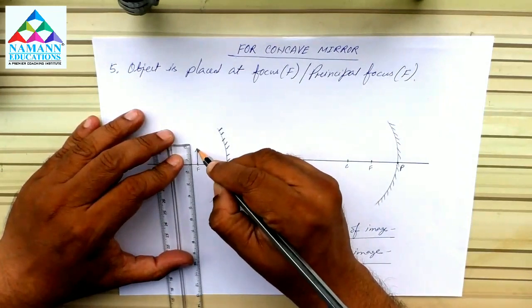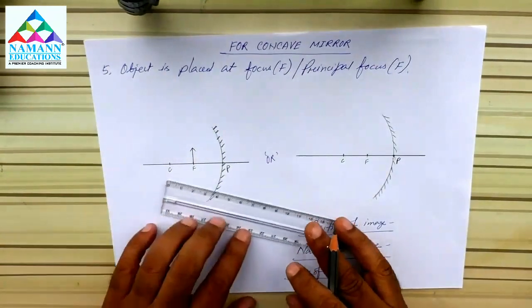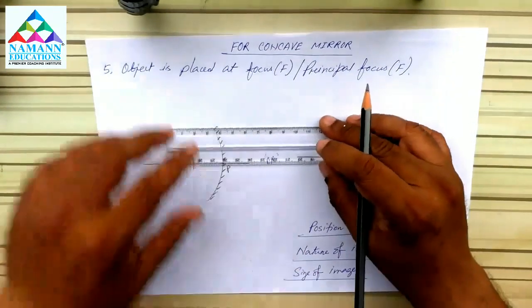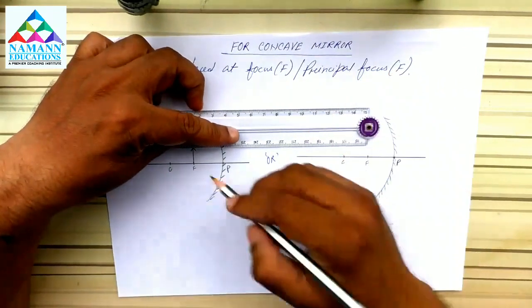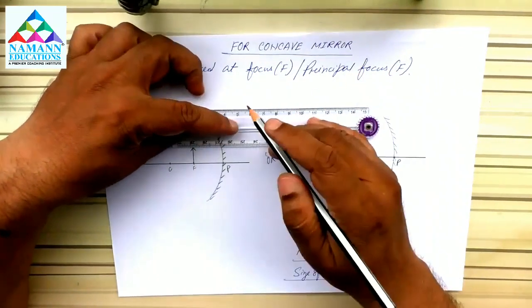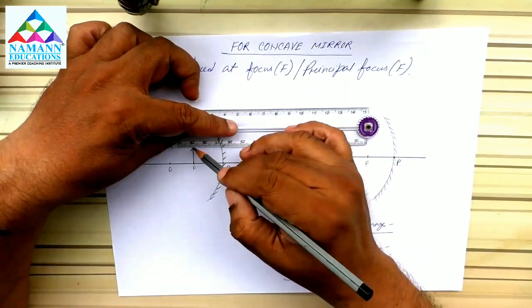If object is placed at focus, we can consider a ray of light incident parallel to the principal axis.